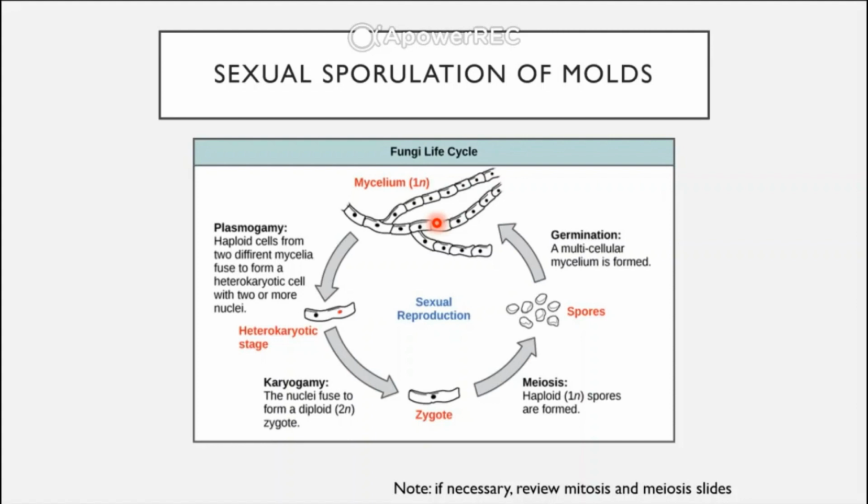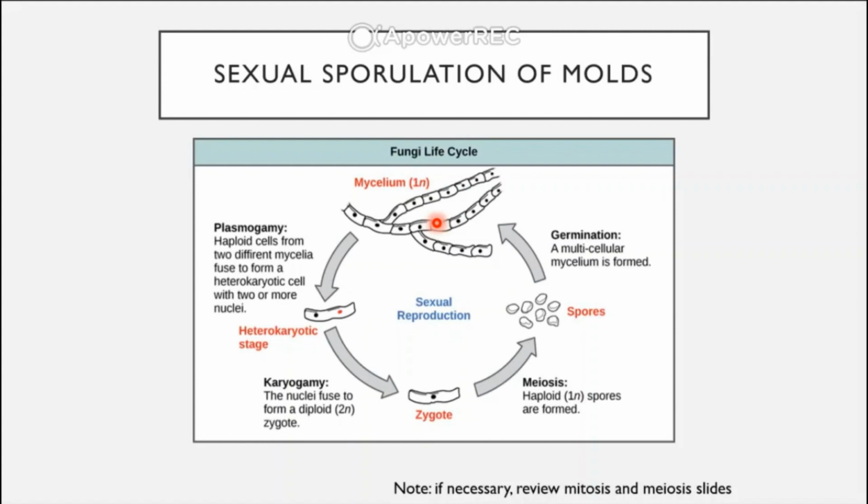And so mycelium cells are only haploid, which is different than, say, our own somatic cells, which are diploid. And what happens is plasmogamy occurs, where two different haploid cells fuse together to form one cell.